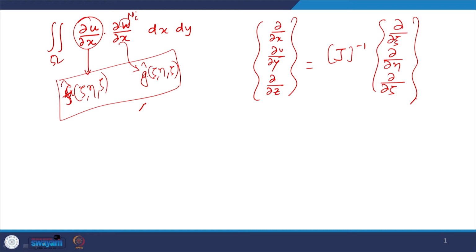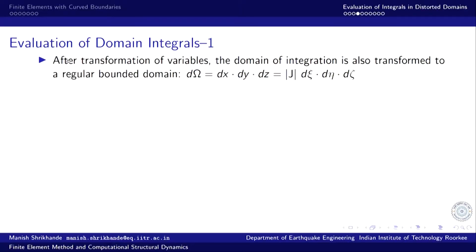Now, the next step is to transform this domain of integration also into local coordinates, xi, eta and zeta, and that is achieved by again using the simple rule of transformation.